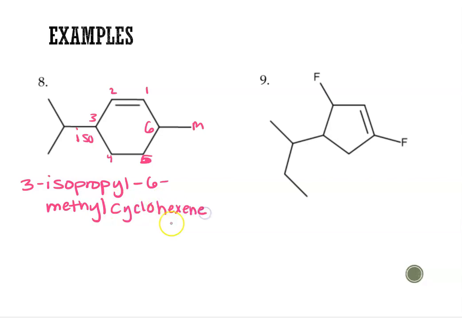And there's no need to put a number here because we always designate the first and the second as where the double bond is. All right, so here we have 1, 2, and we encounter the double bond, or we have 1, 2. So this would be 1, 2, and this would be 1, 2. So I'm going to go with 1, 2, 3, 4, 5. All right, so this is a sec-butyl group.